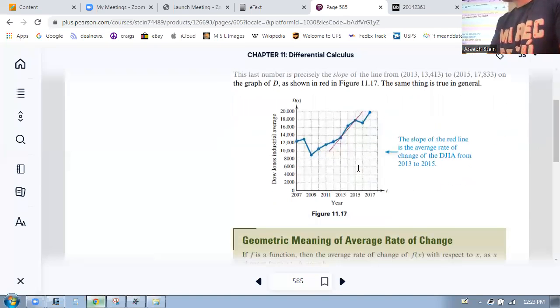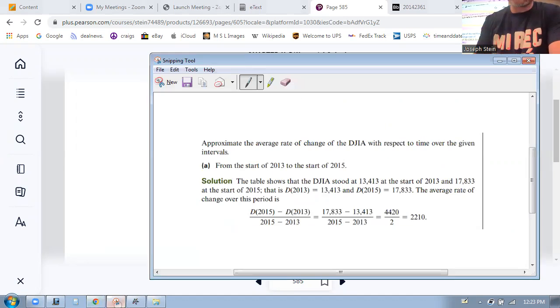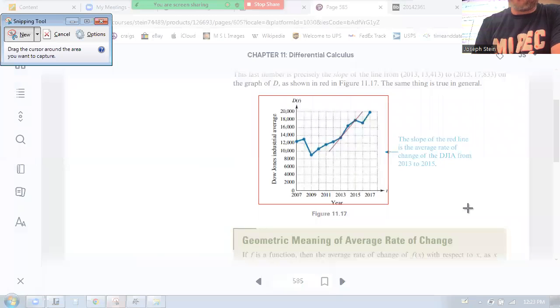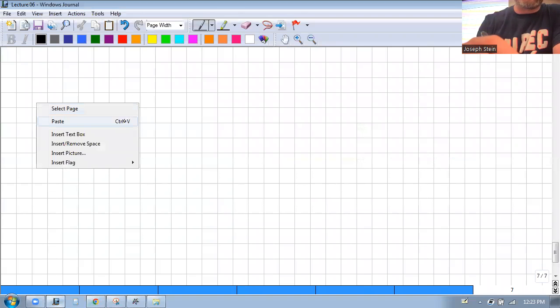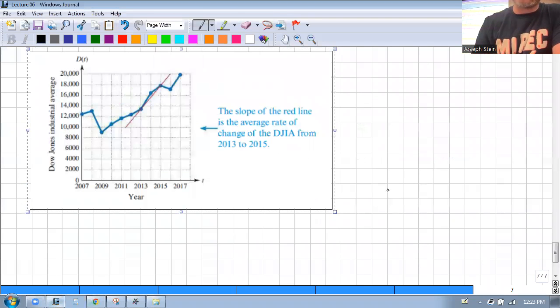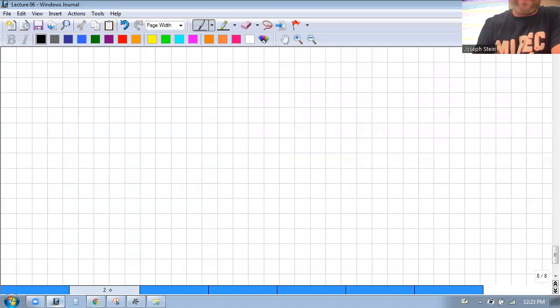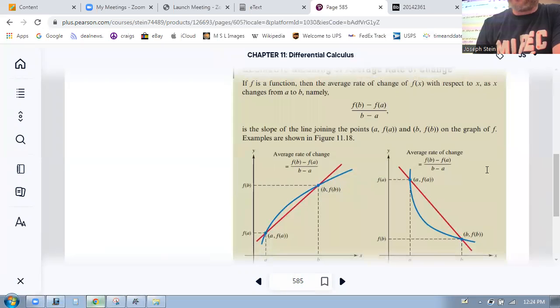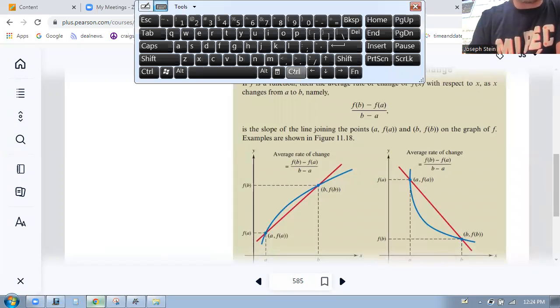And as you can see here, there's a straight line. Like I said, if you have a curve, the slope of this line is the same as the average slope of this curve. And here's a better picture of it.